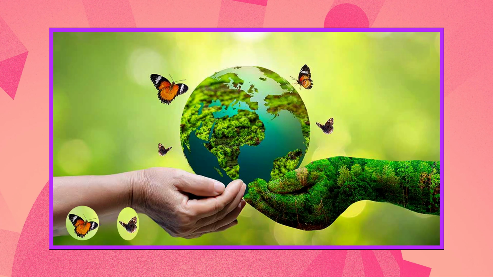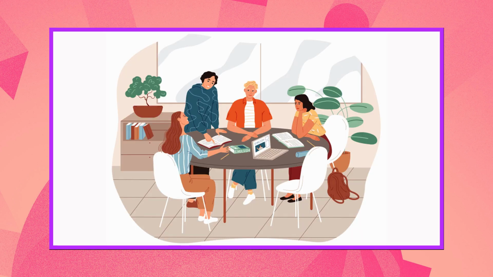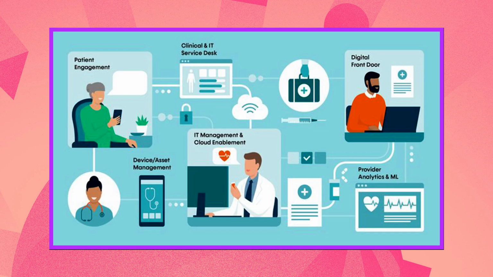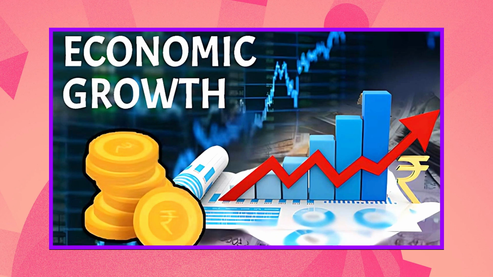Examples of topics covered in development research include poverty alleviation, sustainable development, gender equality, education access, healthcare delivery, environmental conservation, and economic growth. In short, development research plays a crucial role in informing decision-making processes. It serves various purposes, from planning programs to evaluating their outcomes.